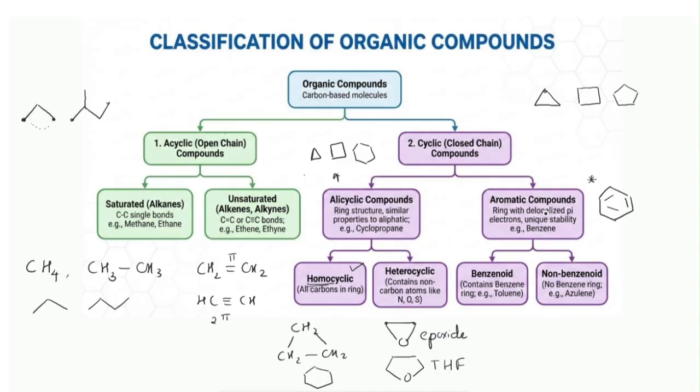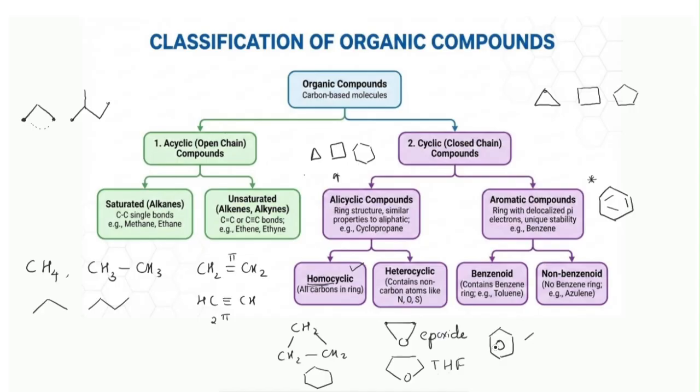Now, coming back to aromatic compounds, they are most of the time 6-membered rings. They have pi electrons that are alternating with each other. If they have benzene in them, we call them benzenoids. If they don't have this 6-membered ring but behave like benzene, then we call them non-benzenoid. Let's take benzenoids as an example.